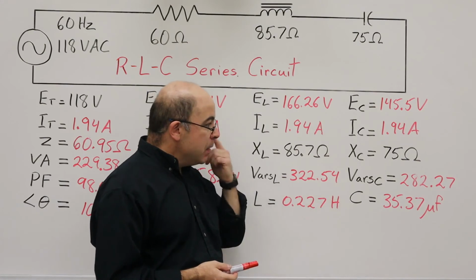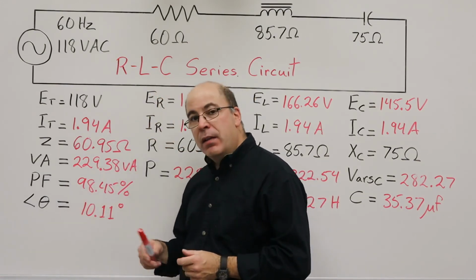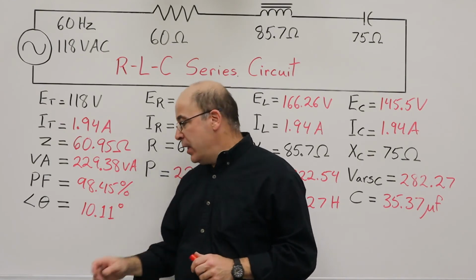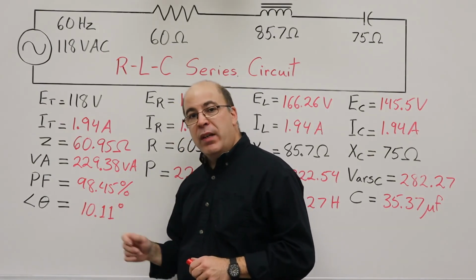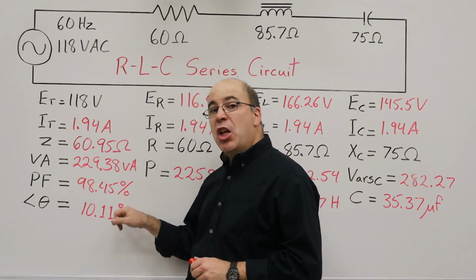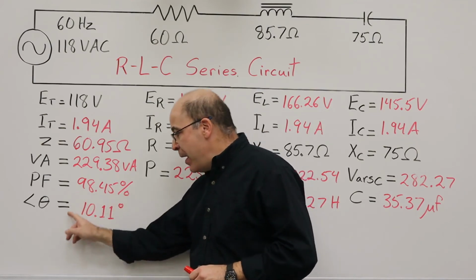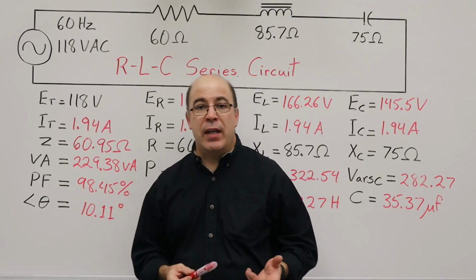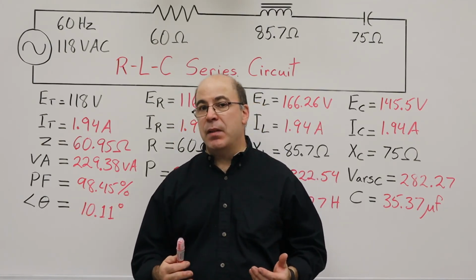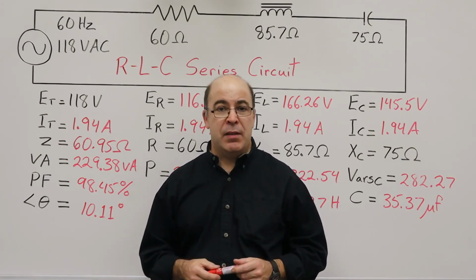In this case, I have to figure out this angle theta, the phase angle of the voltage and current waveform. Is the voltage leading the current, or is voltage lagging behind the current? Right now, I know mathematically that I have a 10.11 degree difference, but I don't know at this point which way this is going.